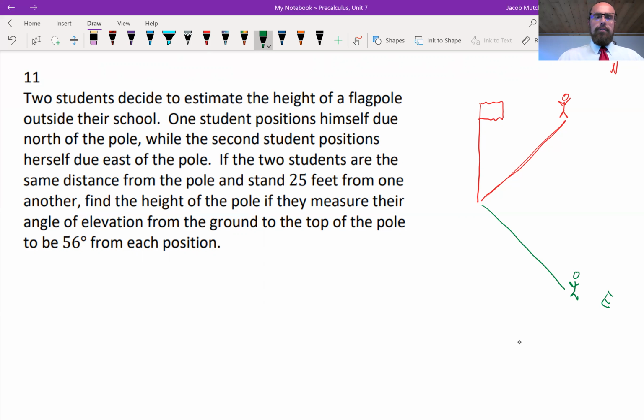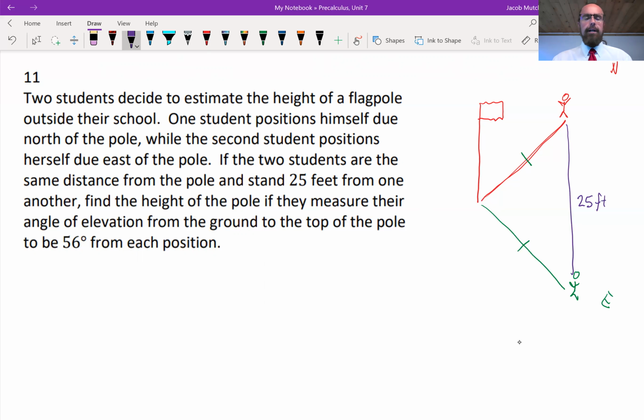Now, if the two students are the same distance from the pole, so these lengths between each student and the pole are the same, so those are congruent, and the two students stand 25 feet from one another, so this is 25 feet here.